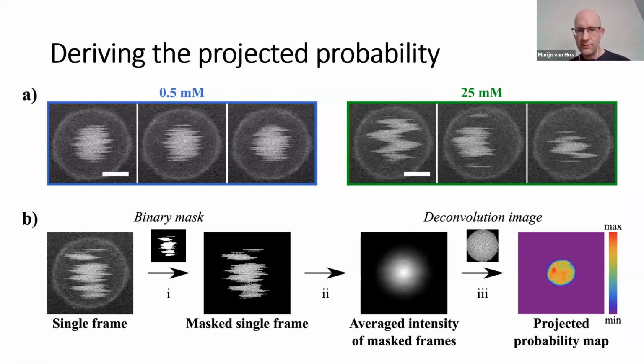So you average over all frames. Next, we deconvolute that image, and then we obtain a projected probability map, because it's the projected 3D probability. And the difference between 0.5 millimolar and 250 millimolar is very clear. So this is the procedure as explained in the paper.